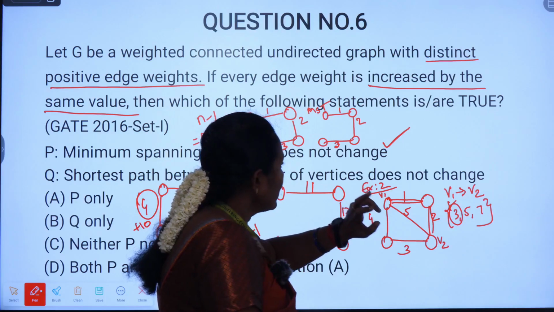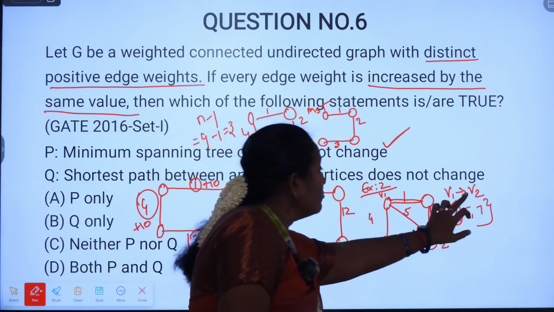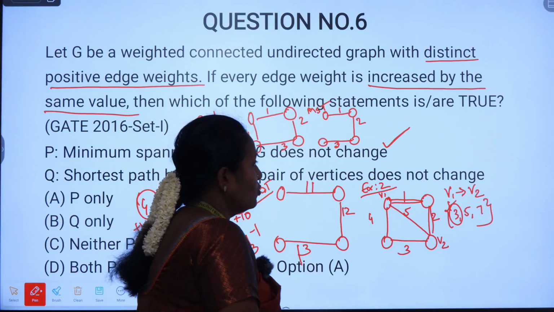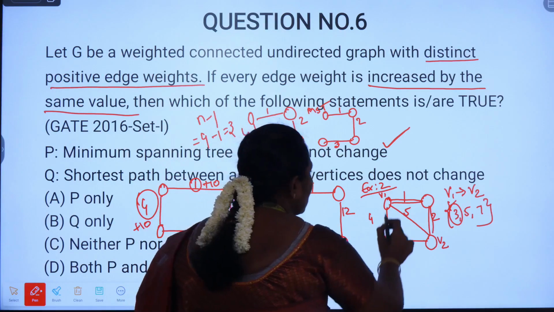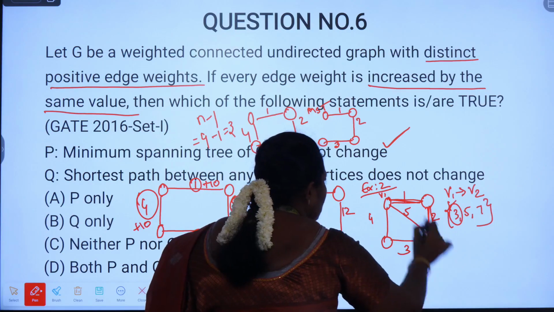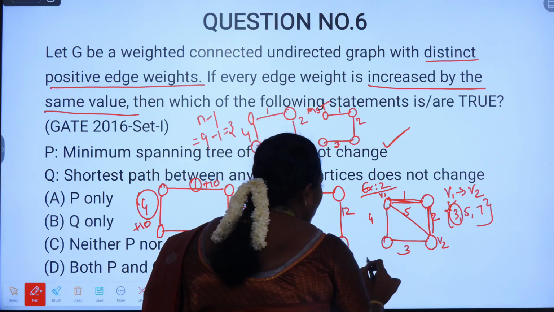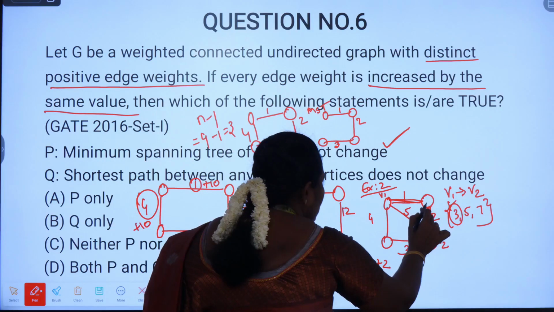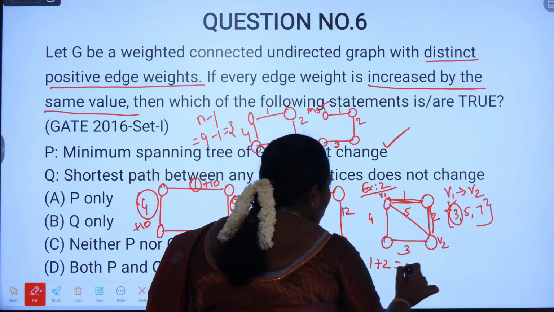I am going to find the shortest path from V1 to V2. The first path is via this one and this one, 1 plus 2, that is 3.